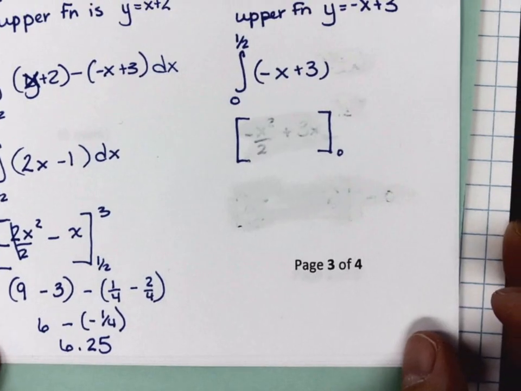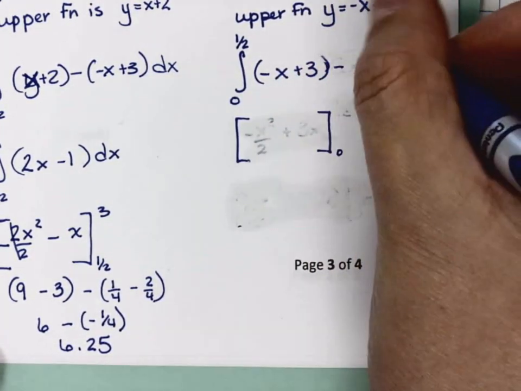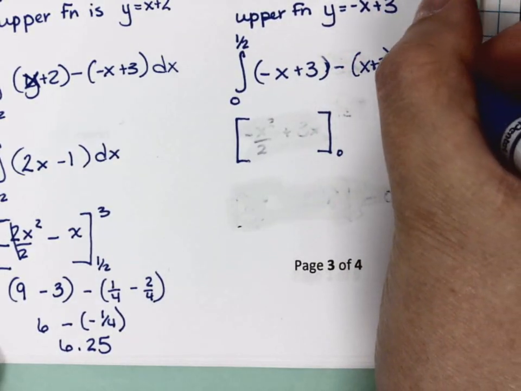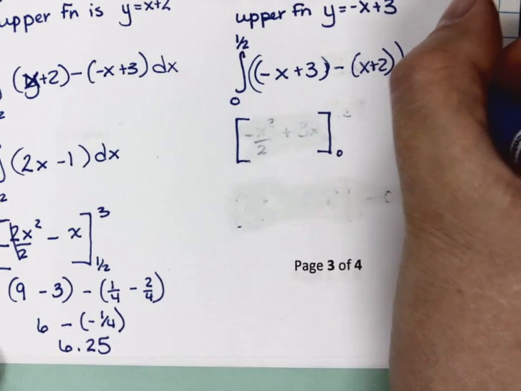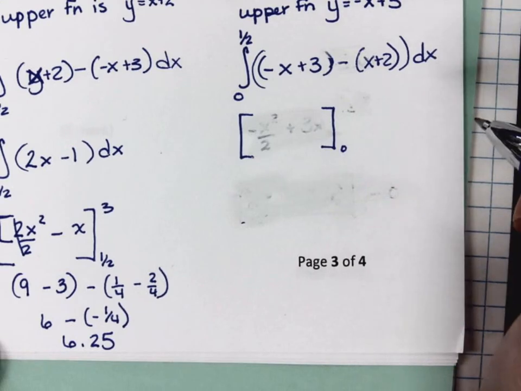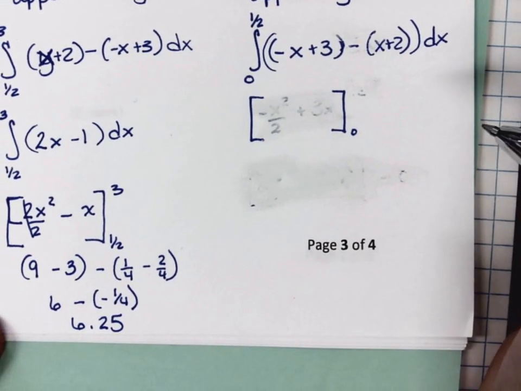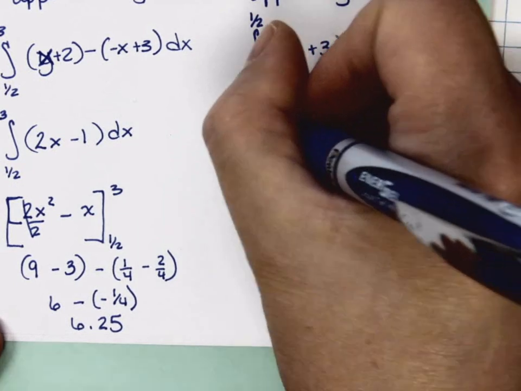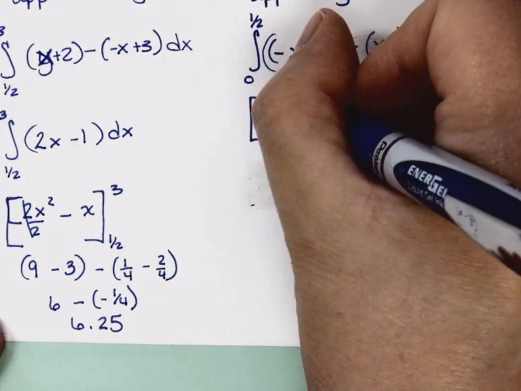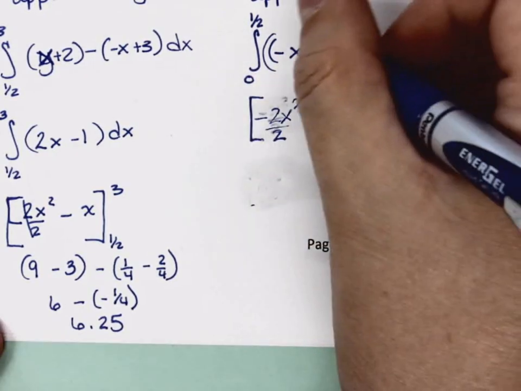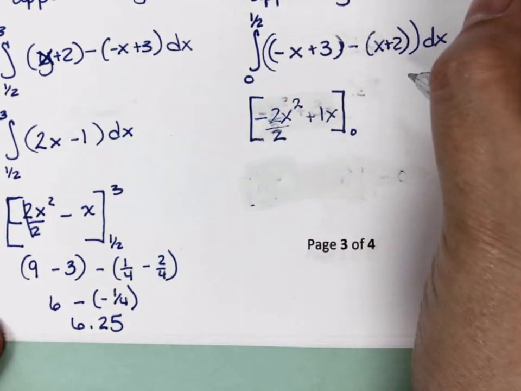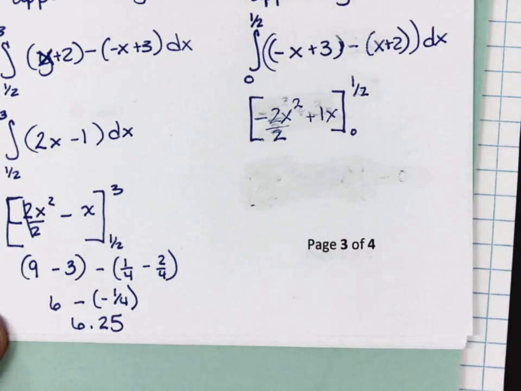Did you guys get 6.25 for yours? I got 27 over 4, 6.75. Oh, I'm not done. Did you do the whole thing? I got 6.25. You might want to double check your math there. Whew, it's a mess.